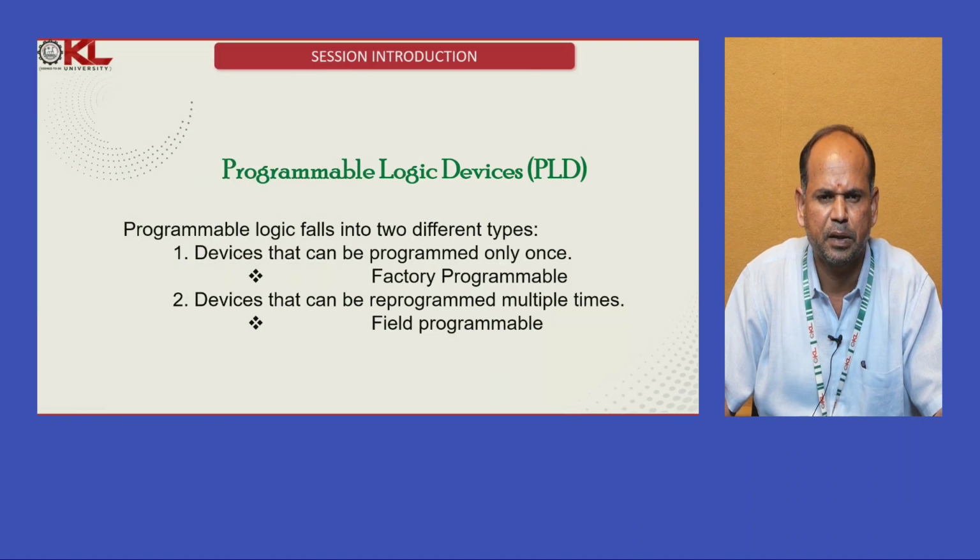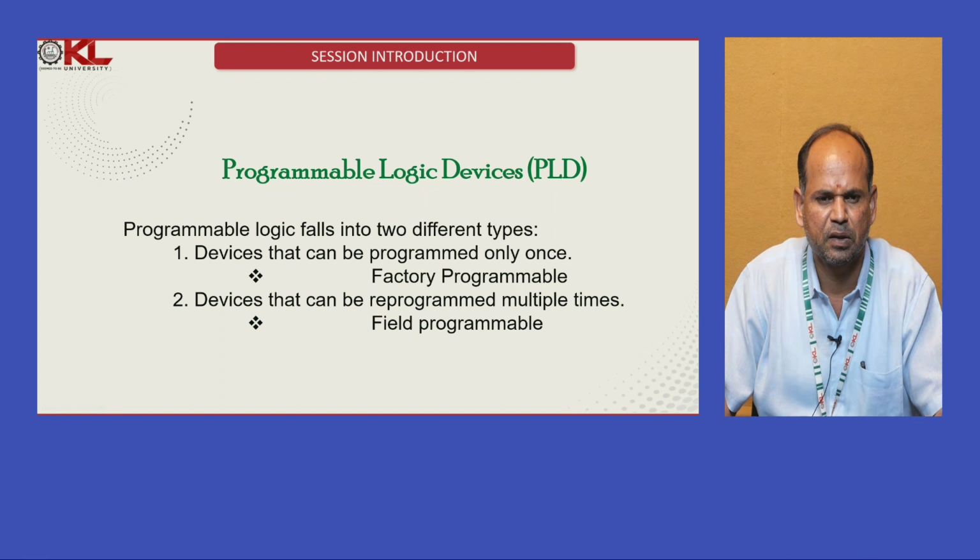See, generally the programmable logic devices consist of an array of logic gates which are connected to each other if we want to make a simple programmable IC or the programmable logic devices. Basically, these programmable logic devices are divided into two categories.